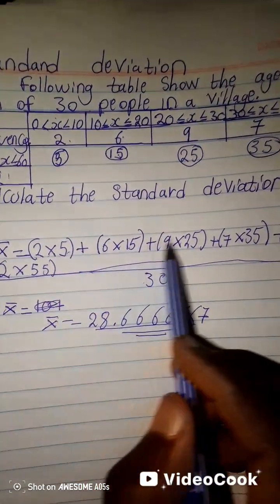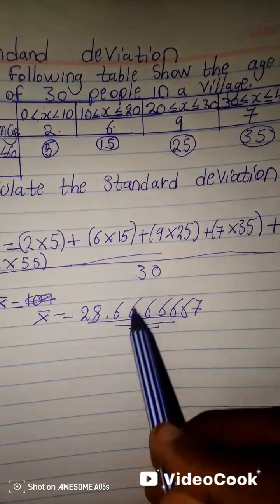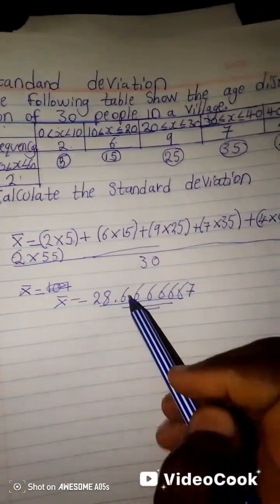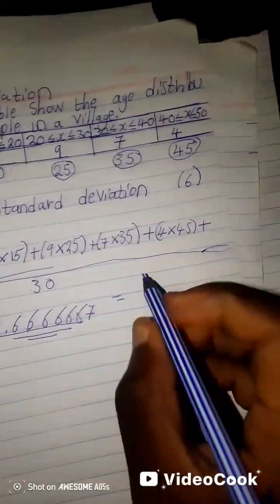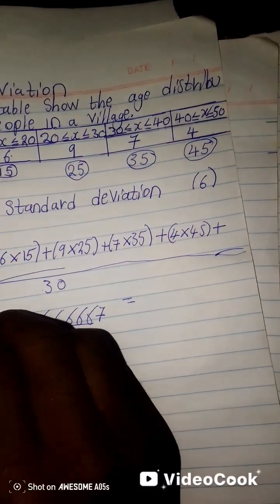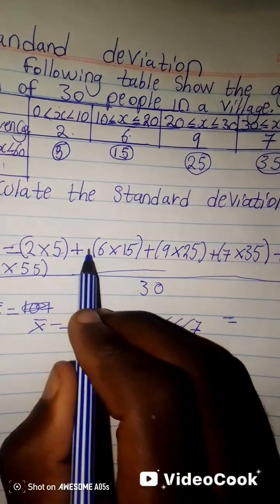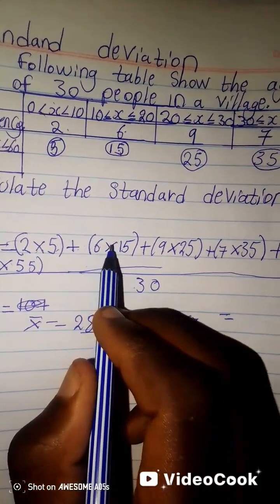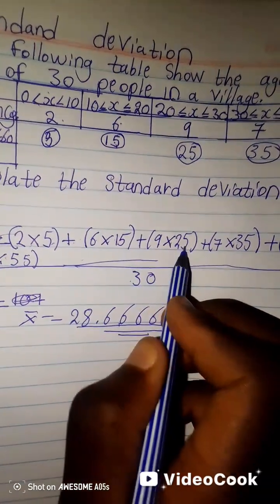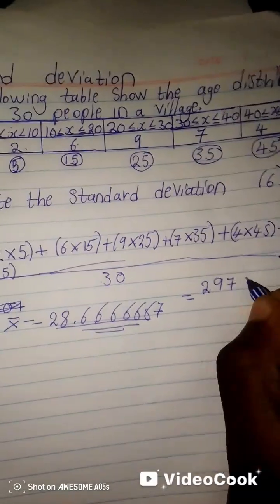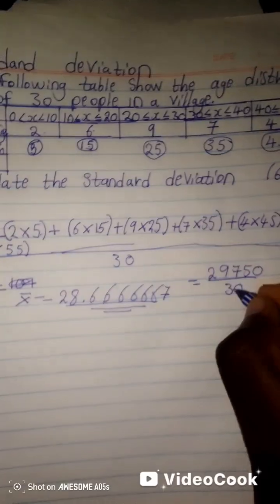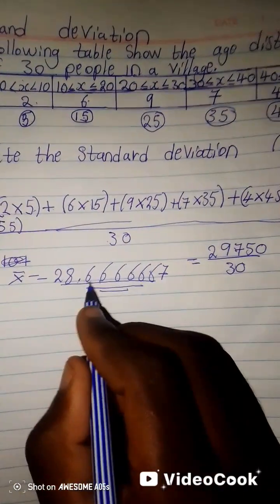So when you divide this by 30, you are getting, when you multiply all this, 2 multiplied by 5 plus 6 times 15 plus 9 times 25, you are getting 2975 over 30. When you divide 30 into this, you are getting this. So this is your mean.